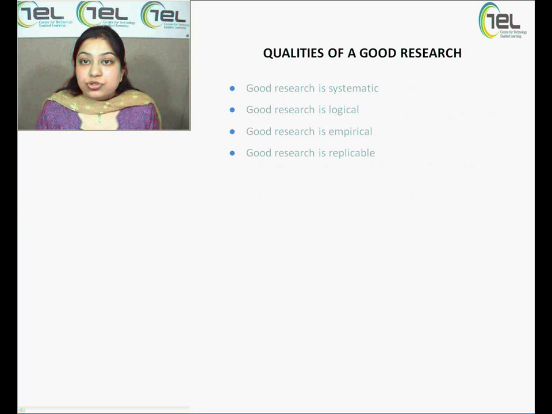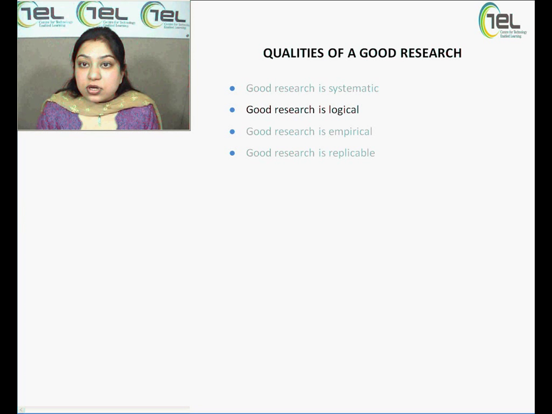Now, coming to the qualities of good research. Basically, a good research is systematic. It is planned in such a way that a step-by-step process is followed. A good research has to be logical.